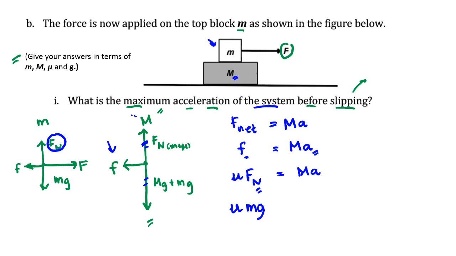The normal force is the force exerted by the surface where friction exists, and in this case it is this surface right here, not here, because this is actually frictionless. And that is equal to capital M A.